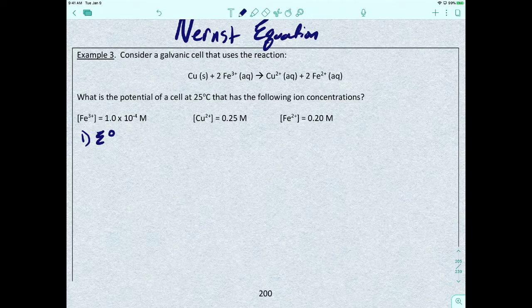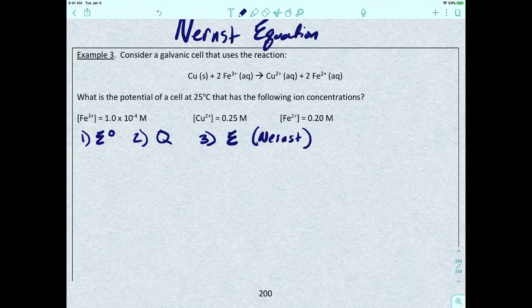Number 2, once we get the cell potential, we need to find Q. What's really nice is that we do have the concentrations, so we can pop those in and get Q. Once we get those two pieces, the third part is to find E, using the Nernst equation. So that's our plan for this problem.